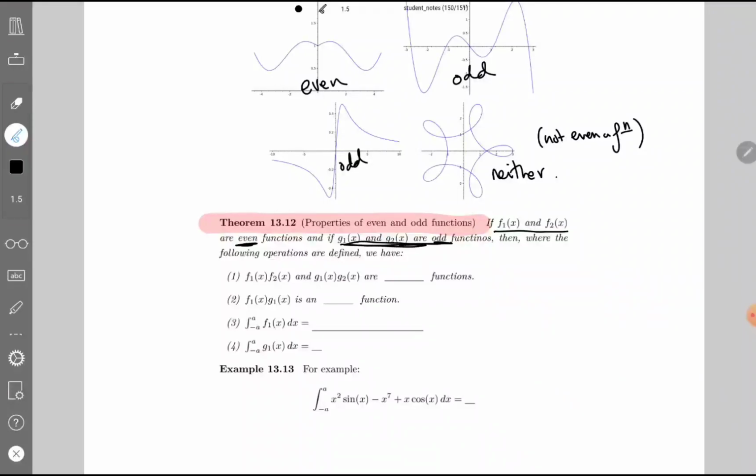So if I take two things that are even and I multiply them together, then it should be even. If I take two odd things and I multiply them together, they should be even as well. Right?